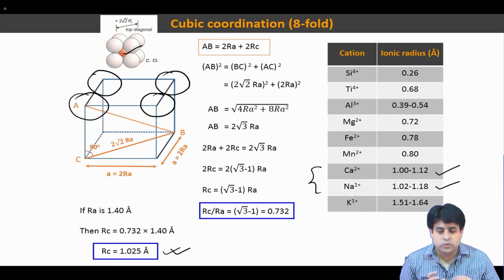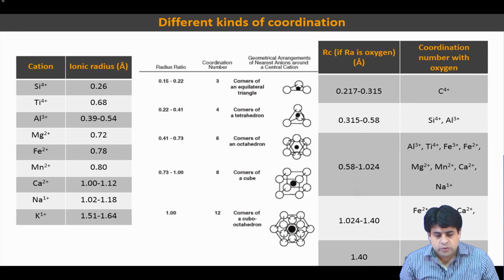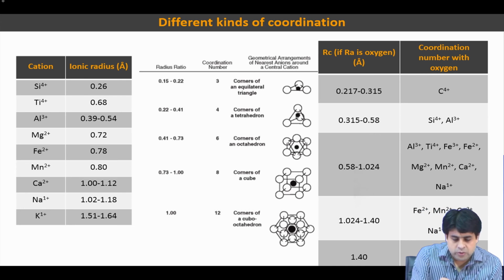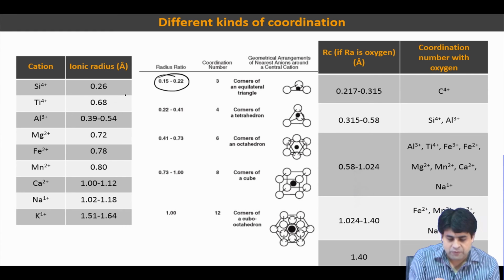If you calculate all the radius ratios, when the radius ratio is between 0.15 to 0.22, you have mostly a coordination number of 3.